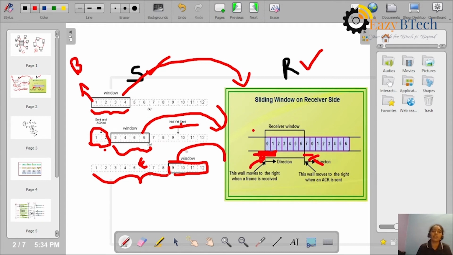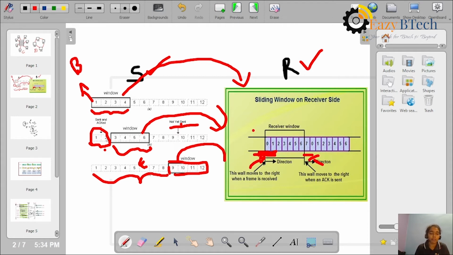This is a sliding window. From left side to right side, it will move. The only concept between sender and receiver is that it will move from left to right.